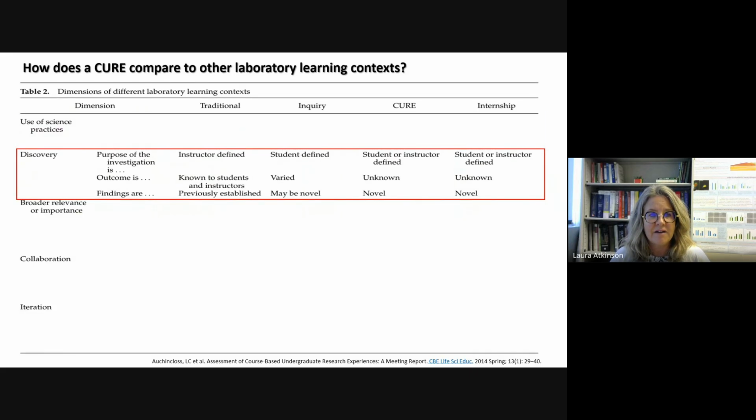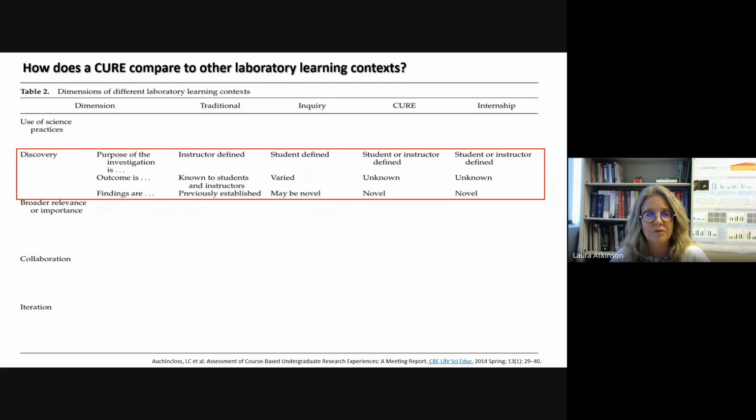If we look at discovery and what that encompasses, the purpose of the investigation is instructor defined in traditional learning, student defined in inquiry-based, and in CUREs and internships or independent projects, it can be student or instructor defined.